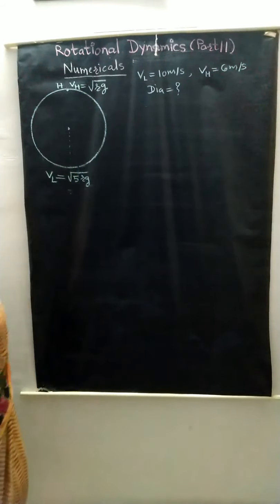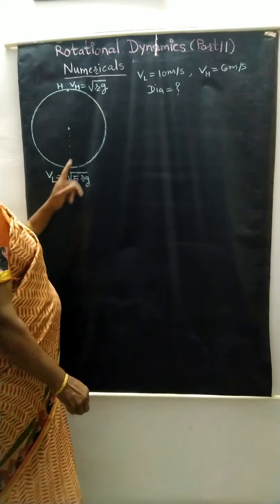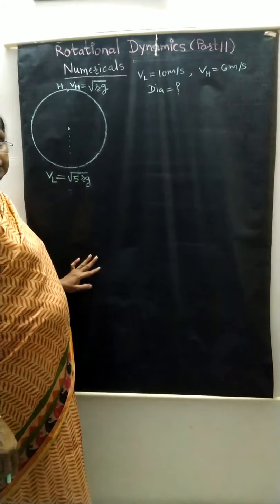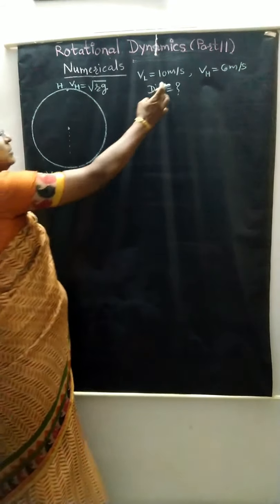This we have studied. Now in order to calculate the diameter, whatever values we are given, we have to use these values as minimum and maximum values for 2 points.